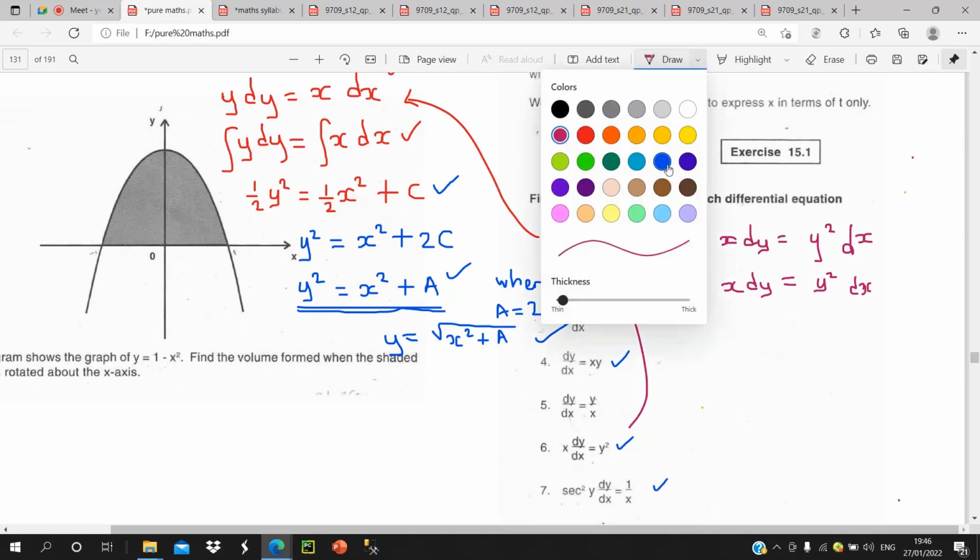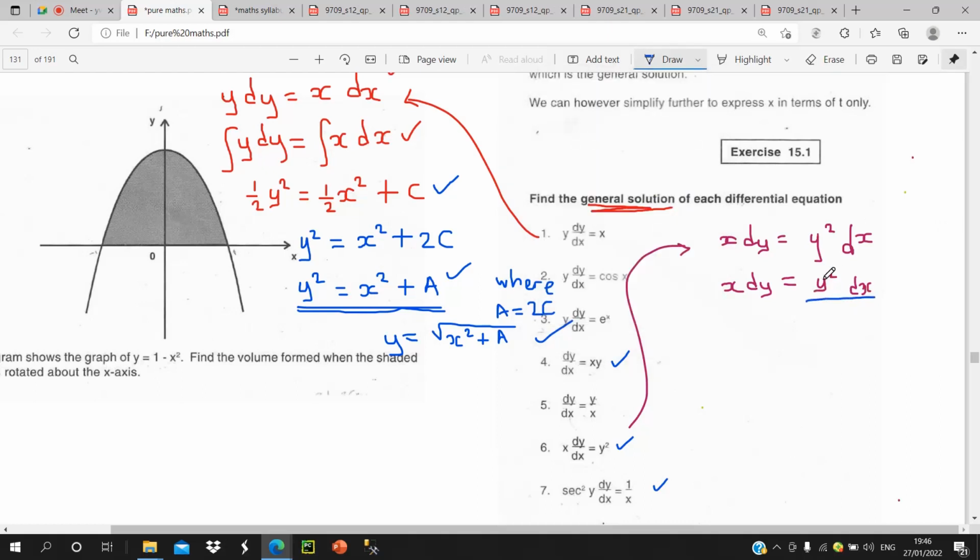We want to get rid of y squared, so we are going to divide by y squared, right?